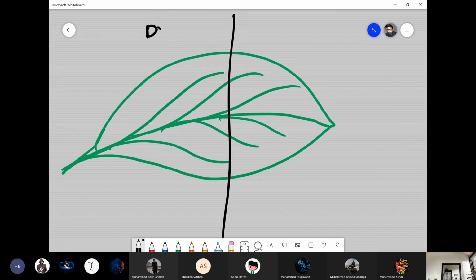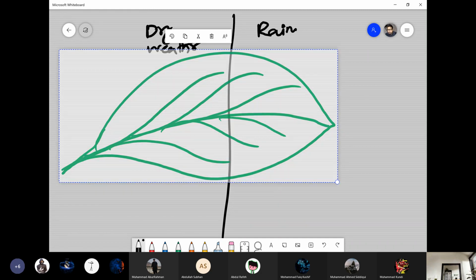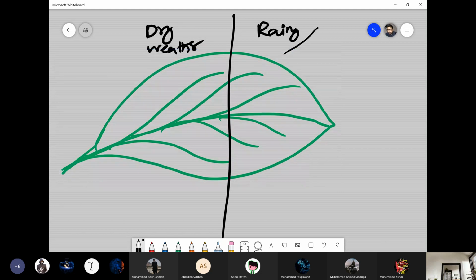One condition is dry weather, and the second condition is when it is rainy or wet weather.